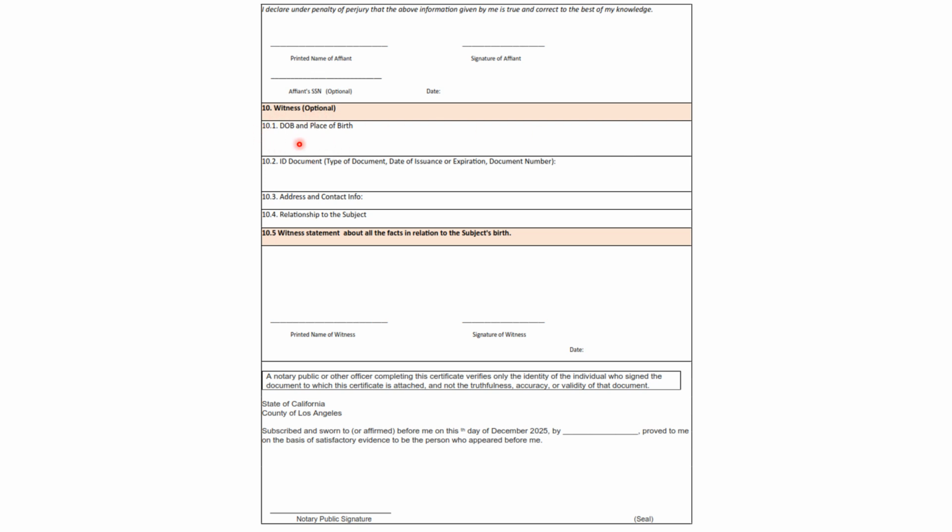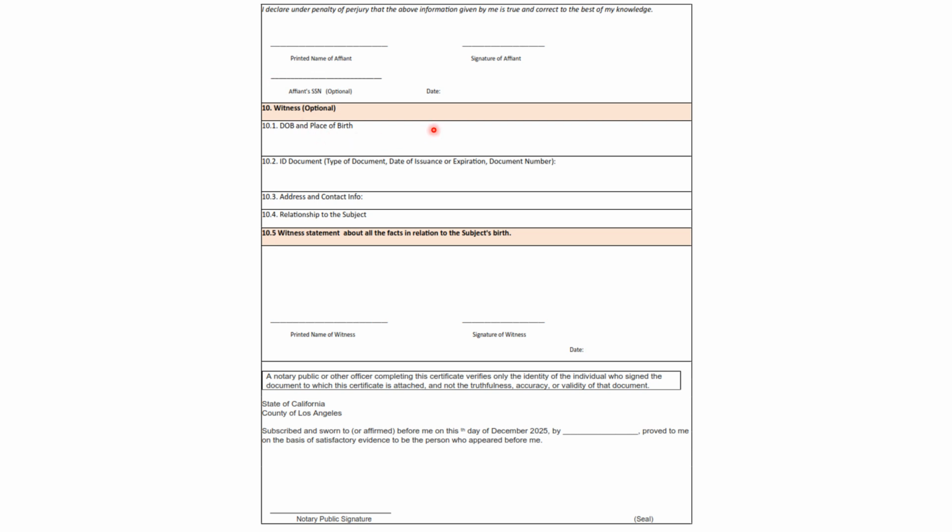Here in California, a birth affidavit with witnesses is typically used when there is no formal birth certificate, or the birth certificate cannot be obtained. This type of affidavit is a sworn statement by a person, or maybe persons, attesting to the birth of an individual. It may be required for certain legal purposes, such as applying for identification, benefits, or other government services.